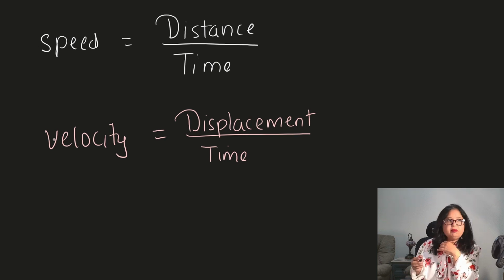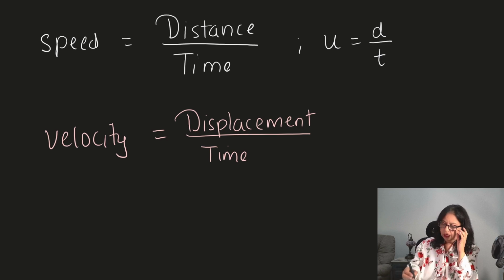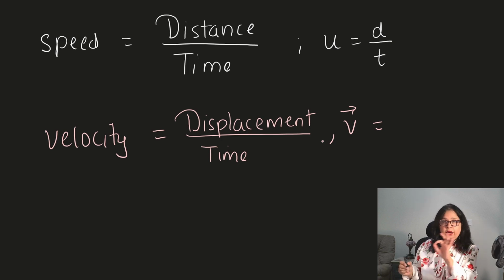So let's say speed, you want to use u. u is for speed, distance divided by time. And for velocity, we typically use v with an arrowhead over the letter v. And this arrowhead represents that v is a vector quantity.